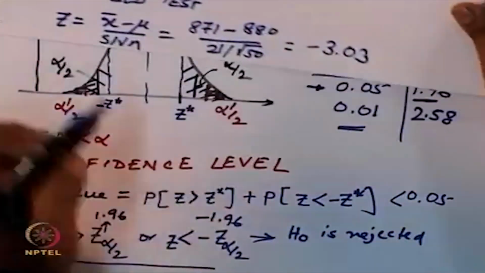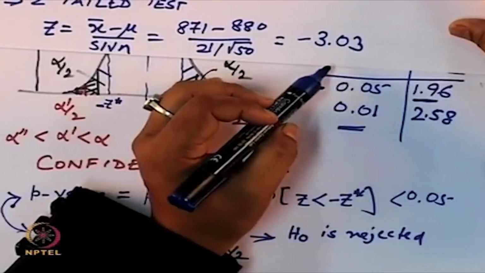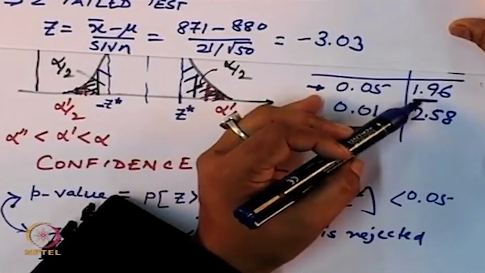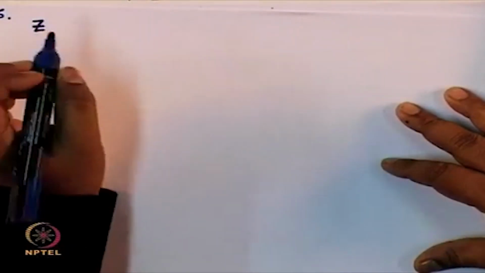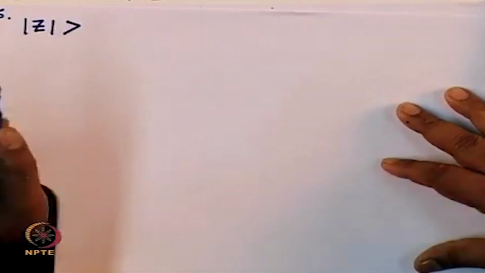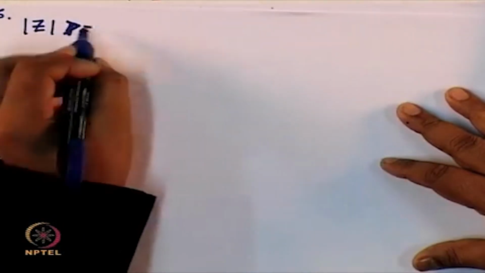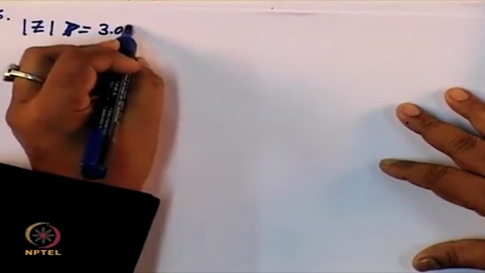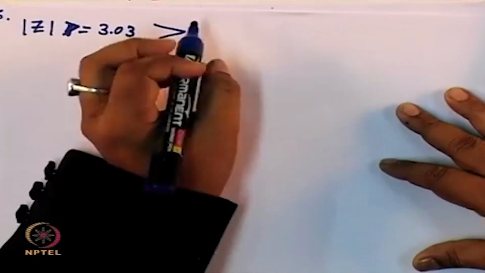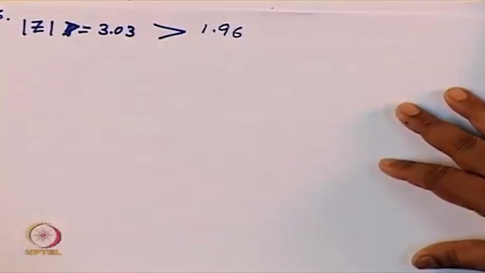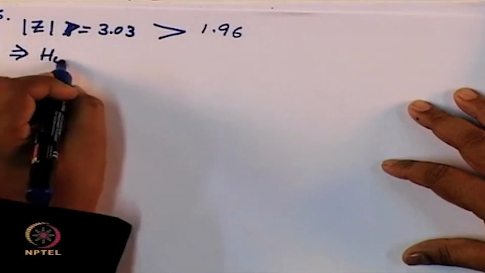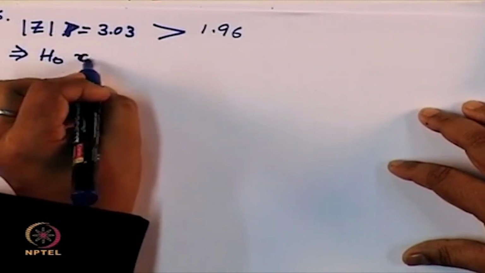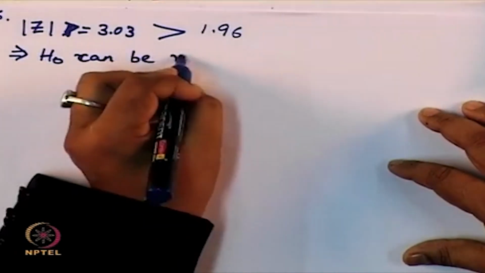Now, the mod of Z in our case is 3.03, which is much greater than 1.96. So, I can safely conclude that H naught can be rejected.